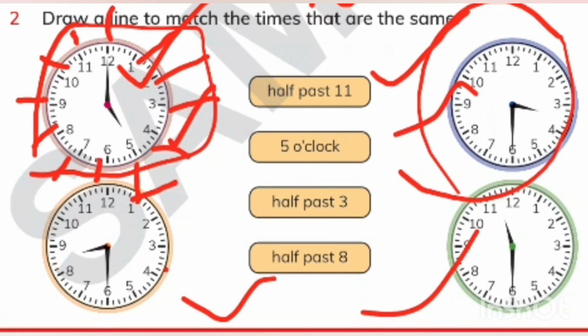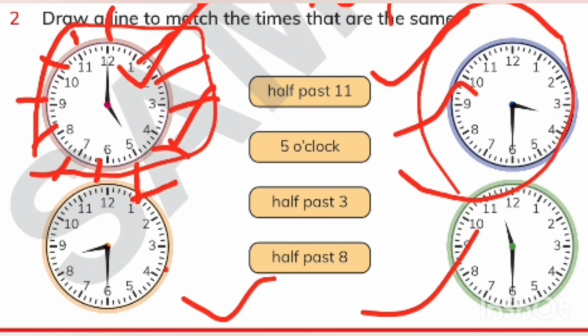If it is 2, it means 10 minutes. We have to multiply 2 with 5. 2 fives are 10, 3 fives are 15, 4 fives are 20. So that's why we are learning the table of 5. It is very important, helping us to find the minutes in an hour.